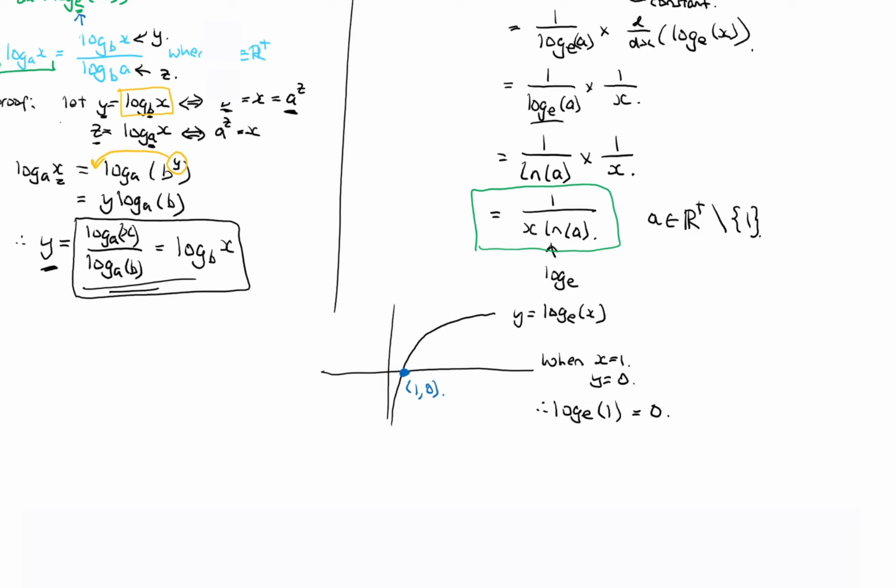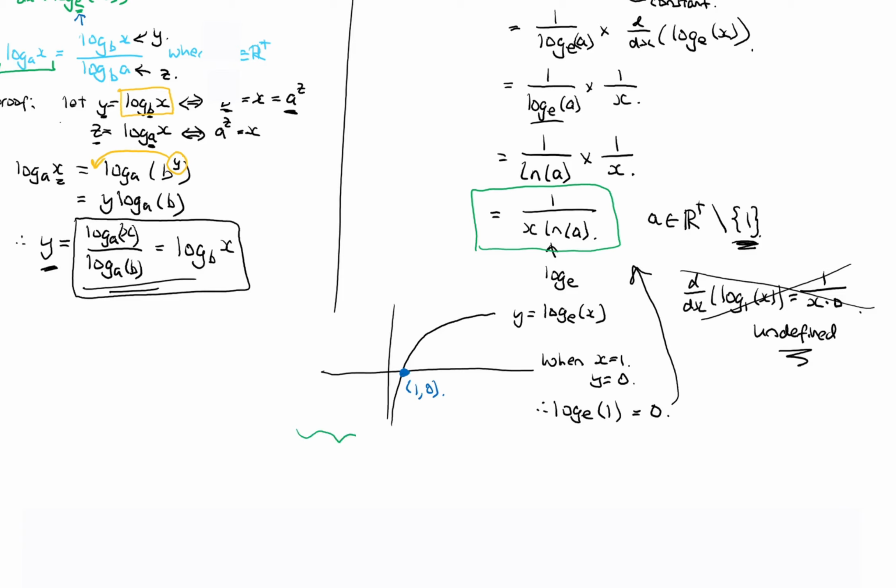So therefore log_e of a, in other words log_e of 1 here, would be 0 if a is 1. So if we're trying to find, let's say, the derivative of log base 1 of x, that will give us 1 over x times 0. And we can't get 1 divided by 0, that is undefined. So therefore we cannot use 1.